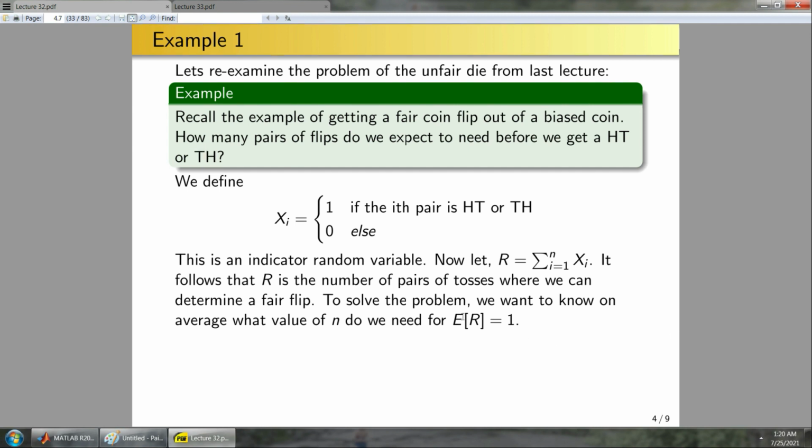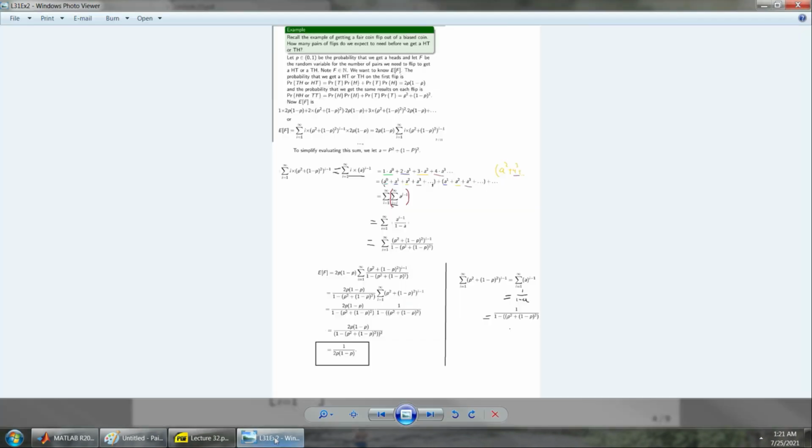Okay, so from here, I now want to compute this expected value of R. So let's go about doing this. The expected value of R, well, by definition, R is this sum, right? So the expected value of R is the expected value of this sum. If I briefly tie this back into the previous question, this expected value of R was this expected value of F that I found before.